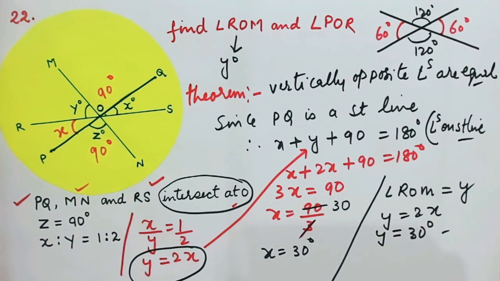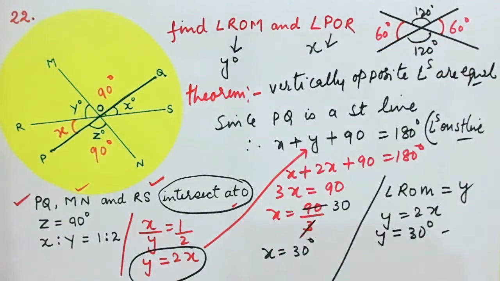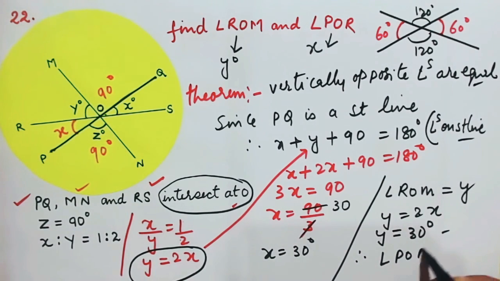Okay, and POR here was x. Therefore, angle POR is also equal to x is equal to 30 degree.